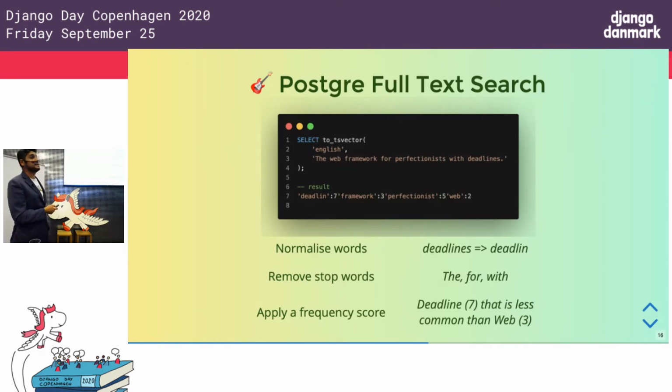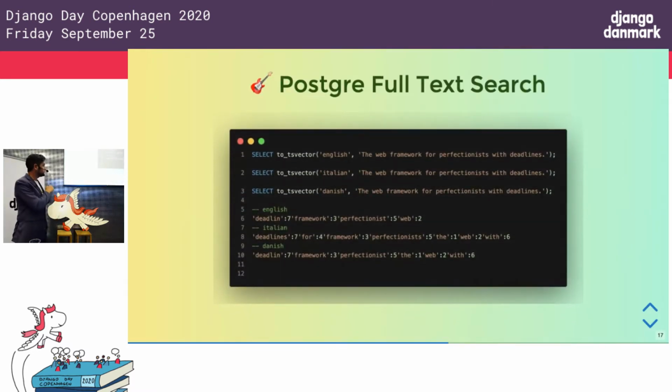As I say, this is language dependent. I specified that I want this process to be done for English, because if I ask Postgres to do the same operation with the same string for 3 different languages, I'm going to have 3 completely different results. As you see, for English, you have what I just showed you.